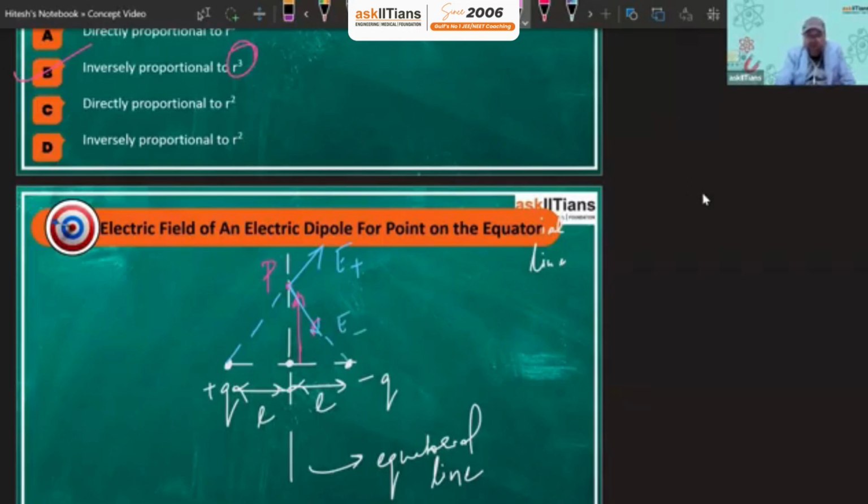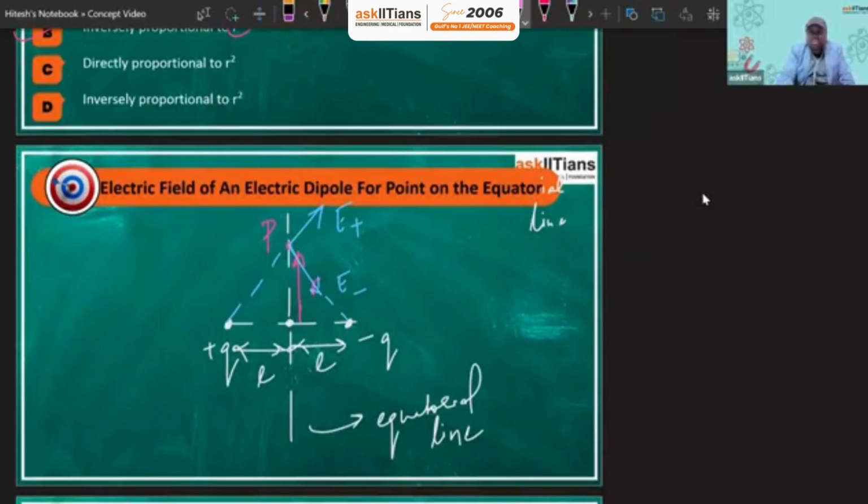Now you see here, this is an isosceles triangle. This is L, this is r. So this distance would become under root of r square plus L square. Same here. So distance is same, charge is same. So the magnitude of E plus should be equal to the magnitude of E minus.